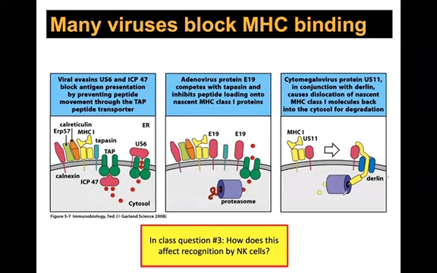Well, remember, the viruses are being made in the ER. For example, ICP47 from herpes simplex virus is in the cytoplasm and is blocking TAP on the cytosolic side. The CMV protein US6 is a membrane-bound protein, so as it's being synthesized, it's being fed into the endoplasmic reticulum, where it's going to bind on the ER side of TAP.